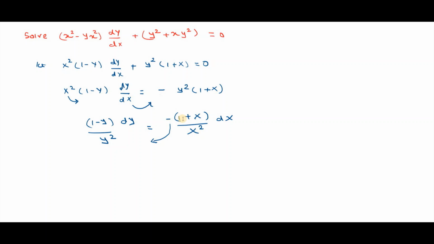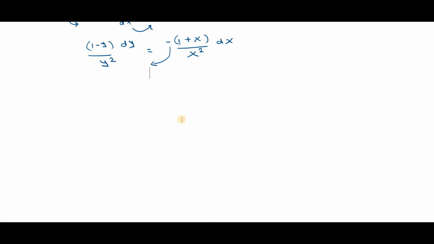We get (1 minus y) divided by y square into dy plus (1 plus x) divided by x square into dx is equal to 0. Now separate the denominator for both the numerator terms.